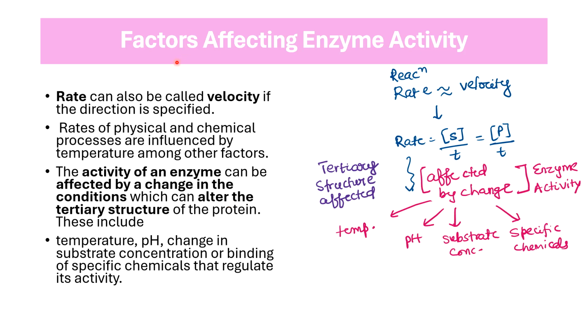So let's now look at the different factors which affect enzyme activity. An enzymatic reaction is given by a rate, which is also called the velocity of the reaction, and we can represent it by the amount of substrate that is getting degraded with respect to time, or the amount of product that is formed with respect to time.